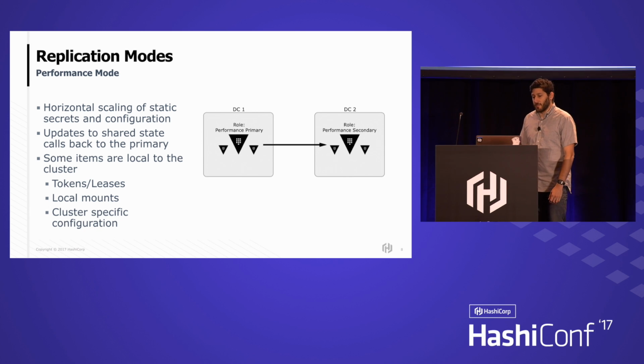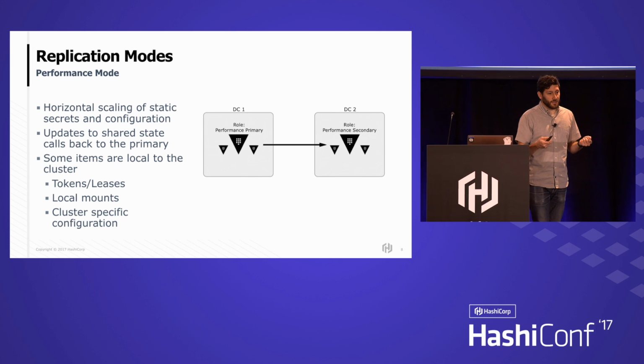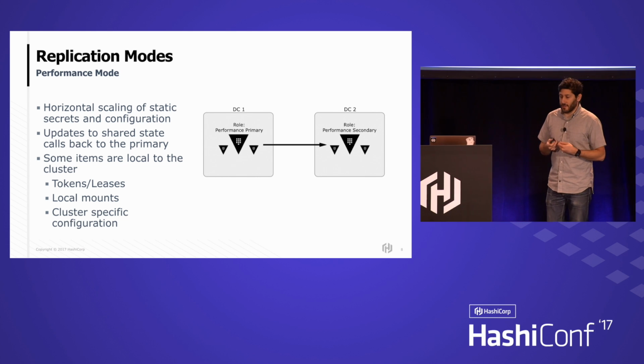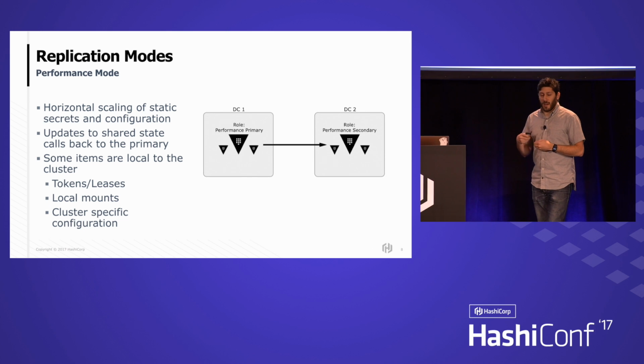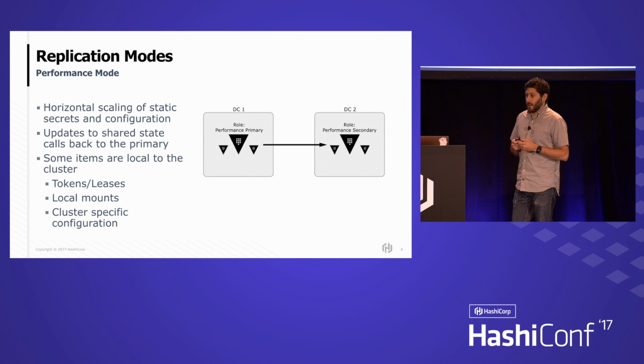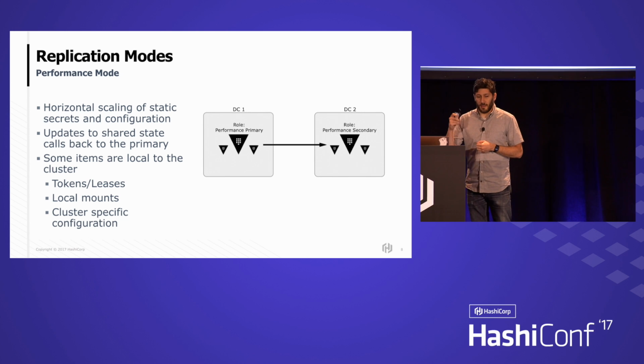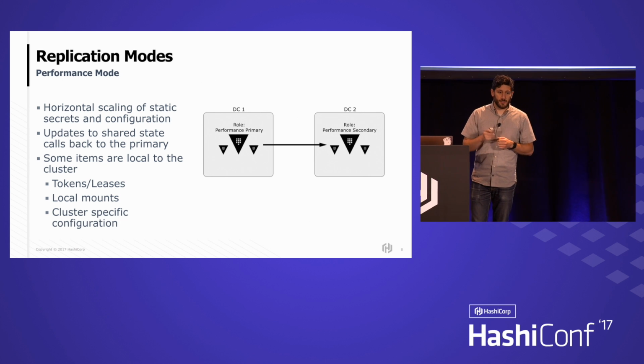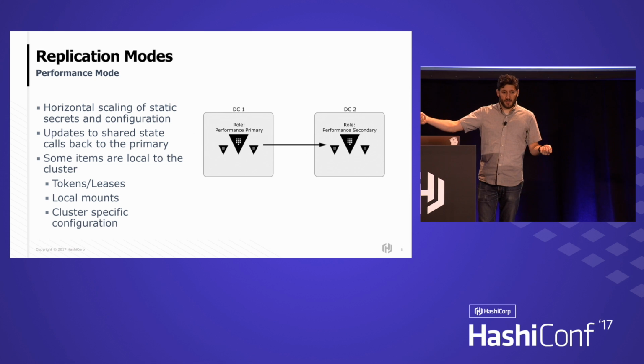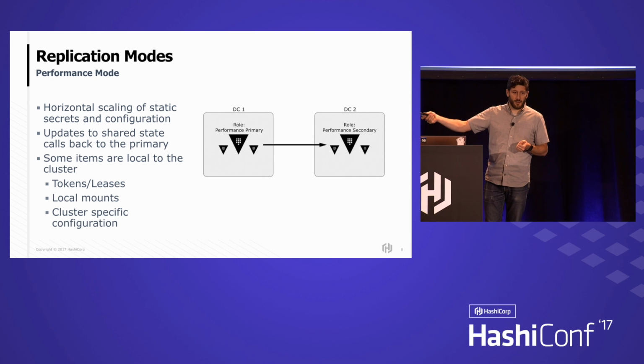In this mode, some items are local to the local Vault cluster. So things like tokens and leases, your authentication token with Vault and leases for secrets, don't actually get replicated to the secondary. It's recommended that any application in a data center talks to its local Vault cluster so that it doesn't have to authenticate to multiple clusters, and so you're not talking across to another data center.